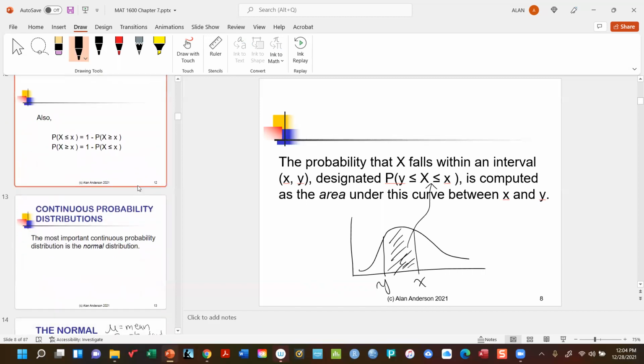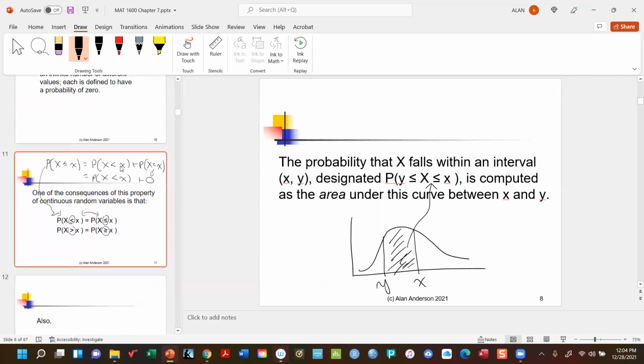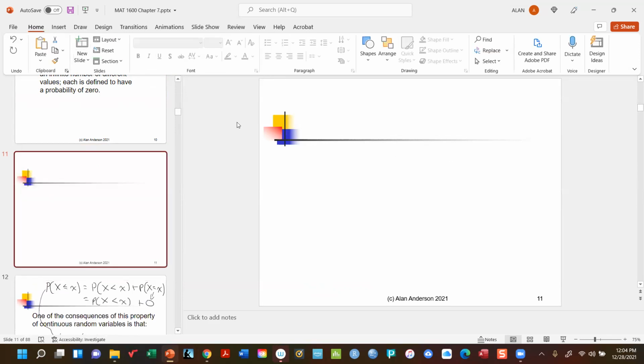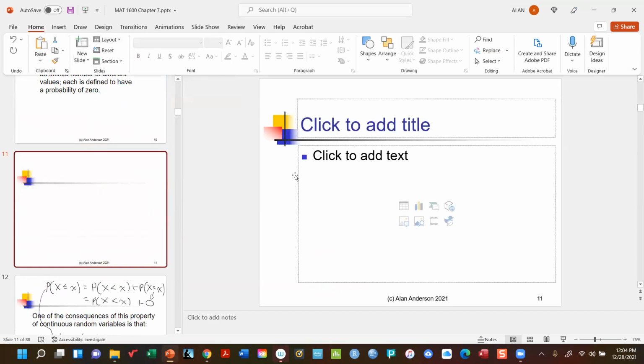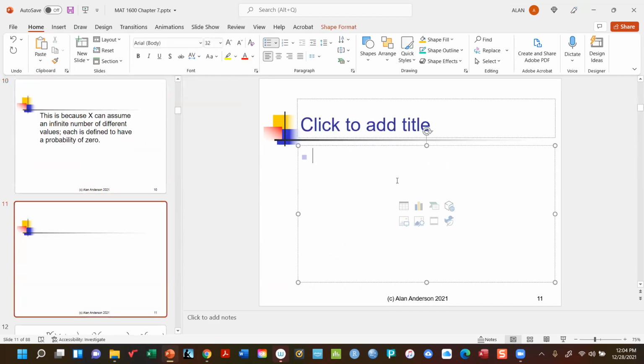Now, here's another one of the wacky consequences of this. It turns out that with a continuous distribution, we have some very oddball results here.